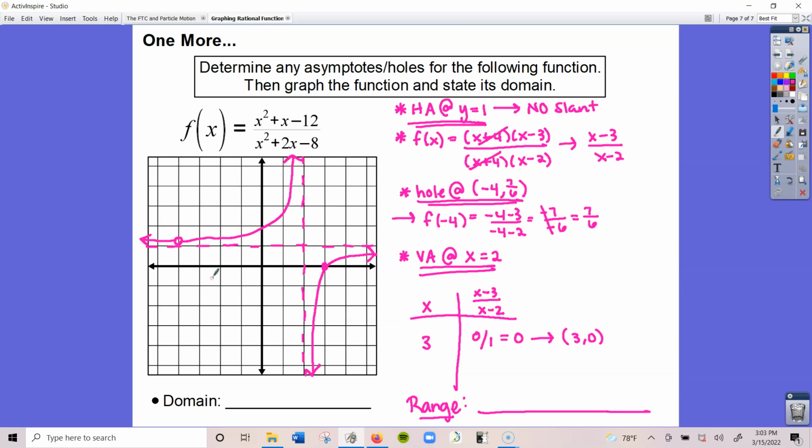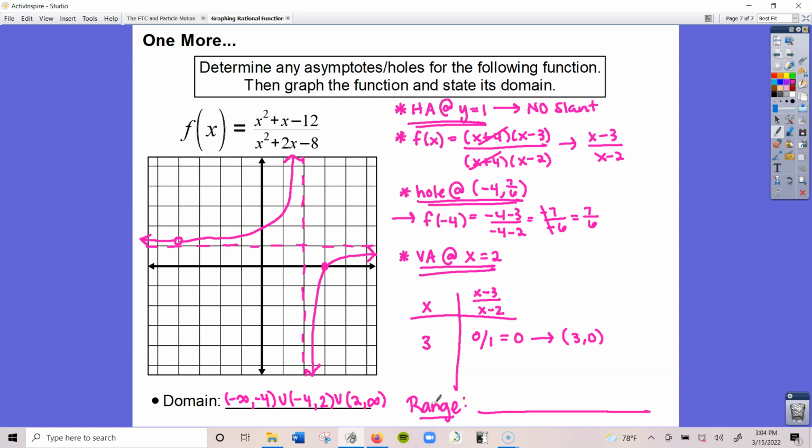The only two excluded values are negative 4 and 2, and if you look at my graph and I read it from left to right, this would be from negative infinity until the value of the hole, which is negative 4, union, negative 4, until we get to the asymptote, which is at 2, union, and then the rest of the graph to the right of the asymptote, which is 2 to infinity.